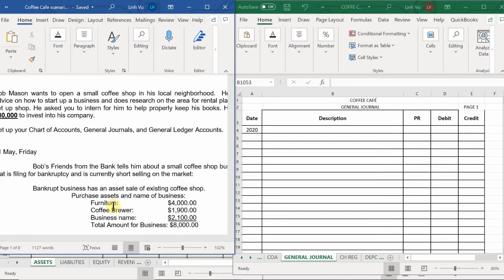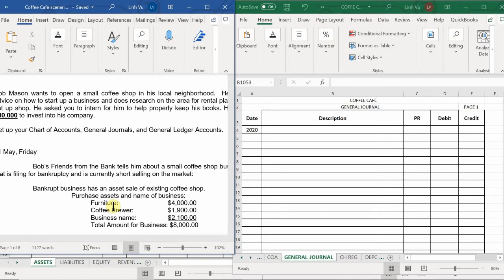We bought the business name because we already bought a previously owned coffee shop. So if we're buying it from them, we're basically buying and taking over. And so therefore we have the business name. We have the total amount for the business is $8,000. Okay? So in this case, let's go ahead and take a look.